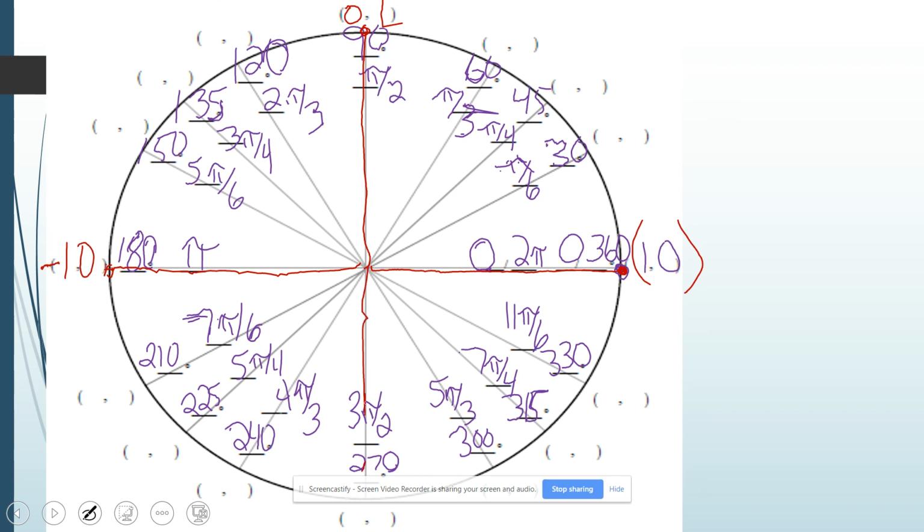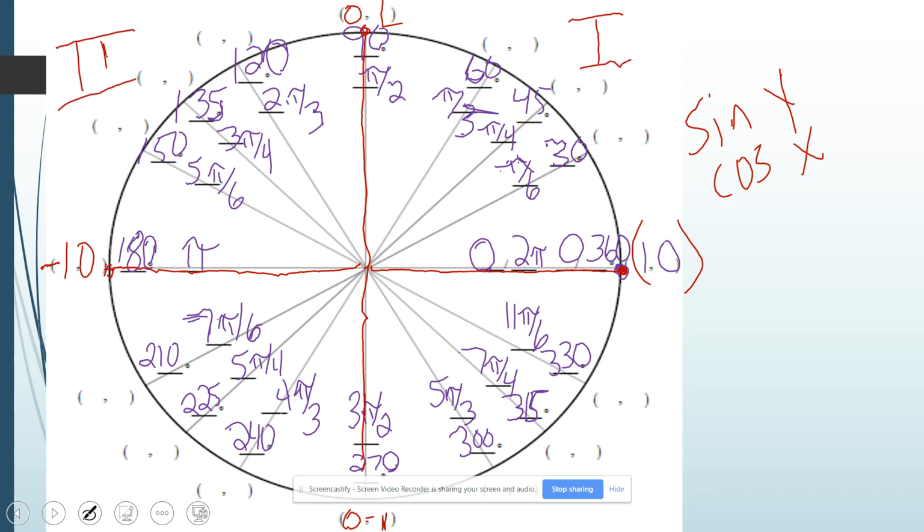And then down here at 270 is (0, -1). Again, remember, sine is y and cosine is x. This is still quadrant 1, quadrant 2, quadrant 3, and quadrant 4.